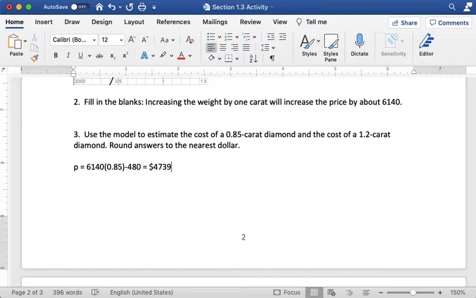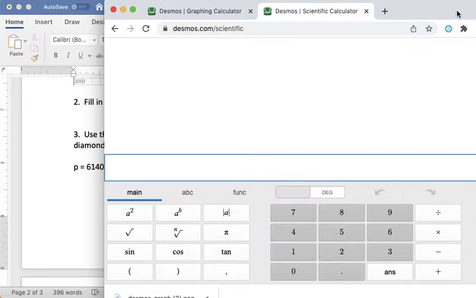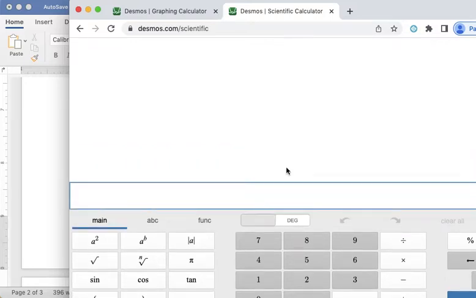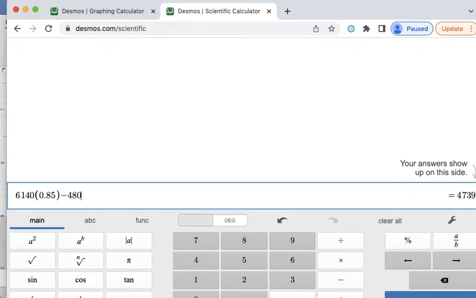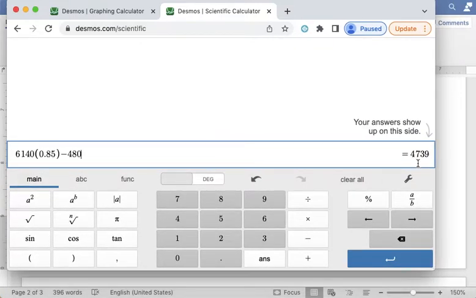And when I plug that in to my calculator, I get 4,739. And I want to show you on the Decimal Scientific calculator here. One of the reasons that I like this calculator is that it's very easy to get different values when you're doing the same calculation multiple times. So for example, I would type in 6,140 times 0.85 minus 480, and that gives me my answer here. I'll shrink it down so you can see it, 4,739.